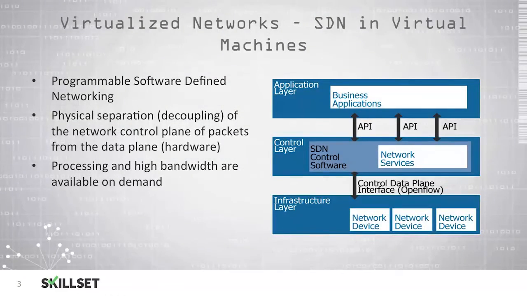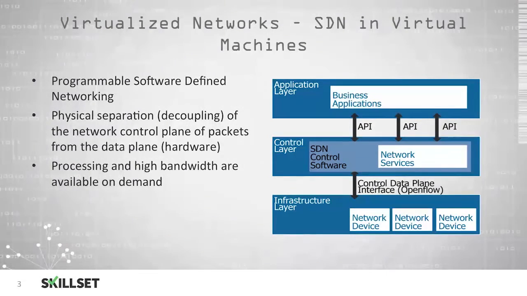Software-defined networking is programmable and works well with your virtual machines. It provides for the physical decoupling or separation of the network control plane of packets from the data plane of your hardware, which allows you to have high bandwidth and processing power that is available on demand.